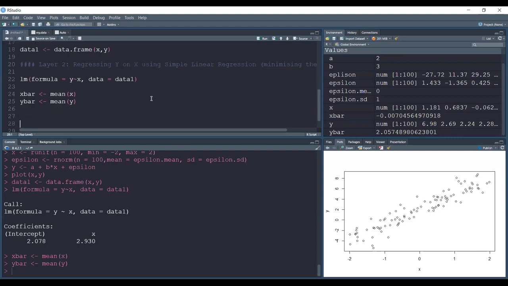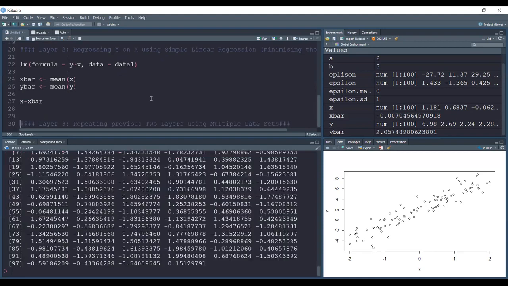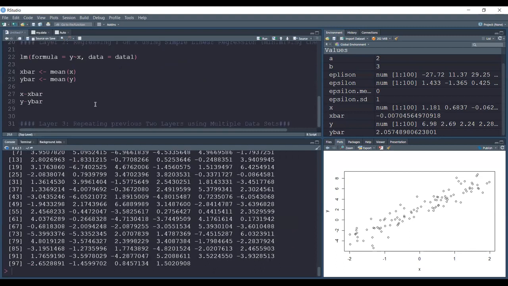Actually, really easy. You do x minus x bar. Would that work? It probably has worked. So I guess what it does is that for every value in x, it subtracts x bar. For every value of y, we subtract y bar.